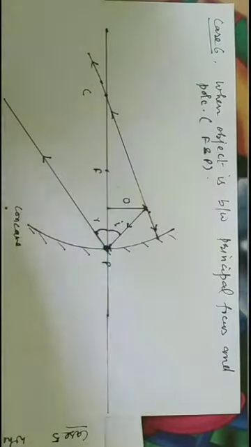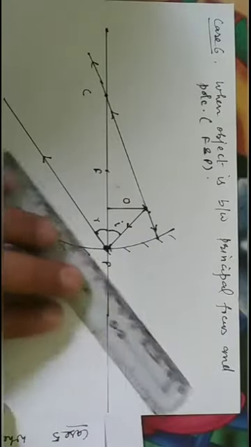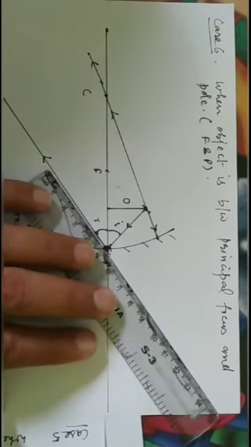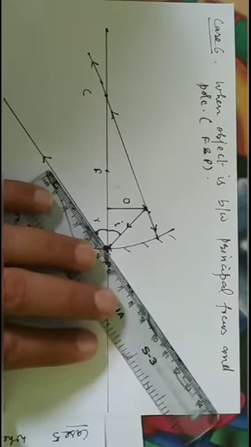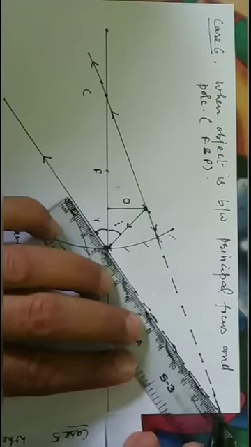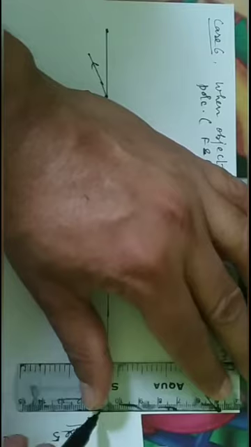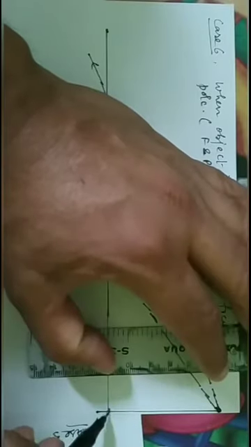If you proceed these two rays in the forward direction, they are not going to meet anywhere. So we proceed them in a backward direction. They are meeting at this point. So this is our image.